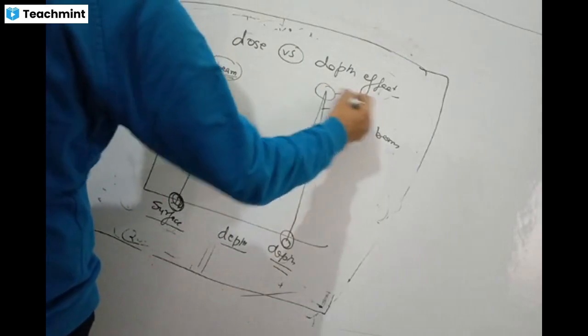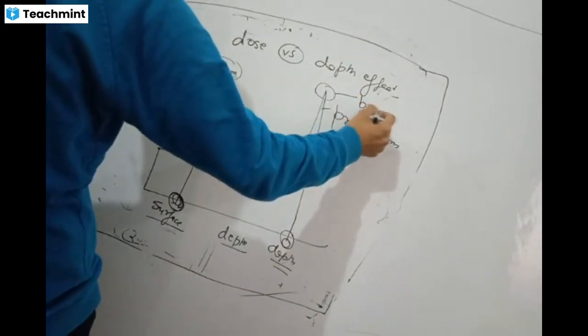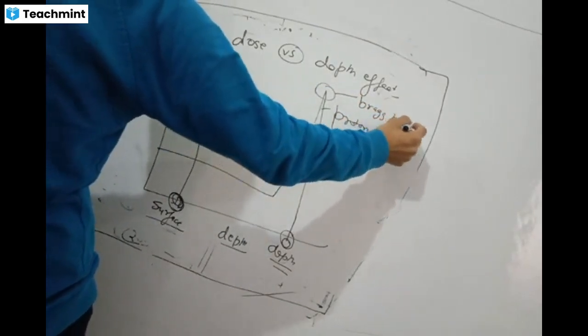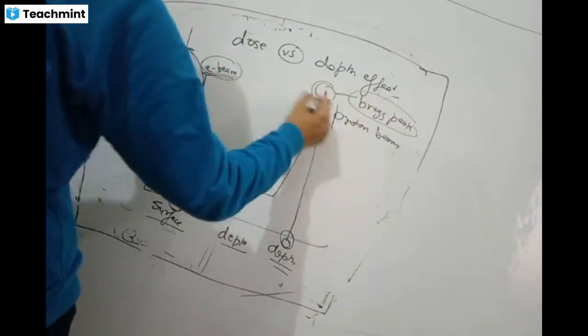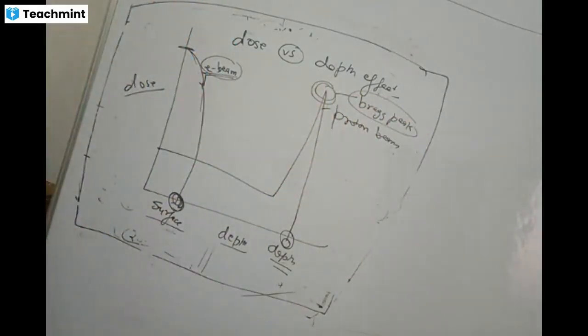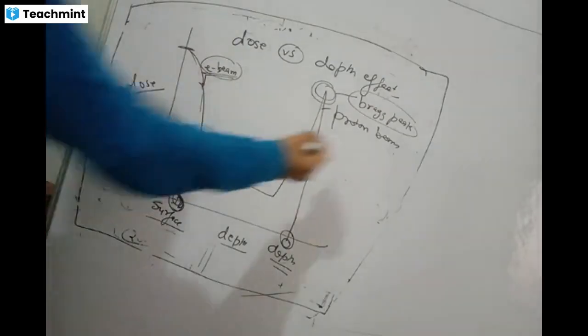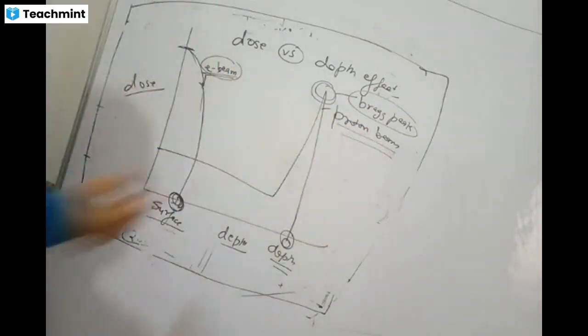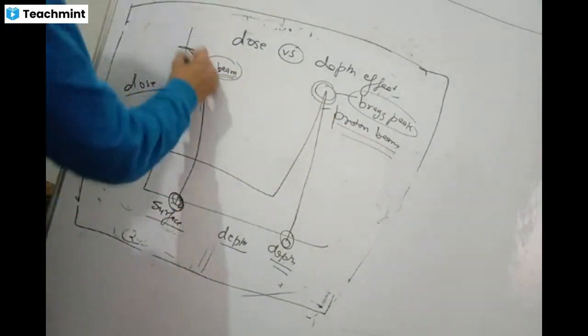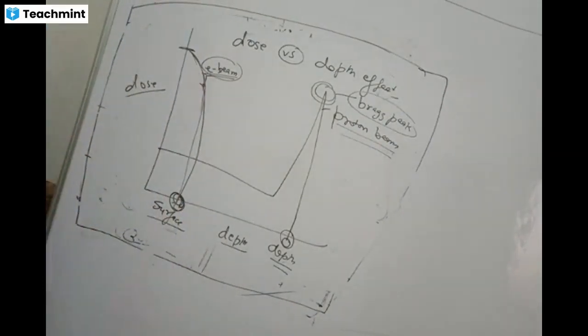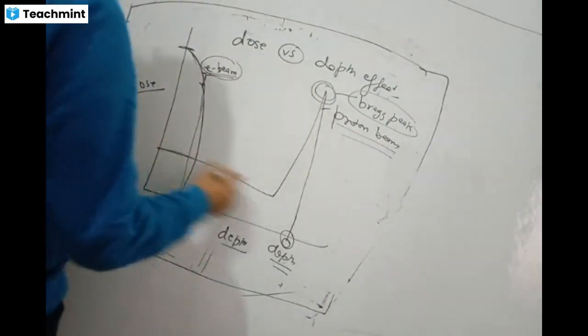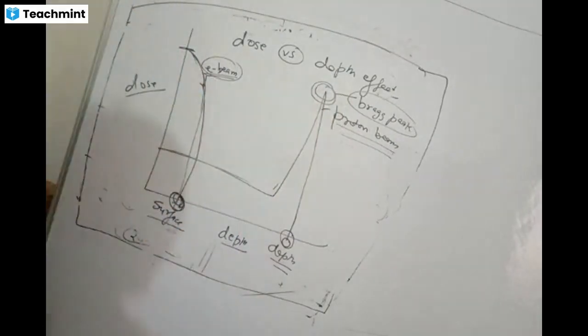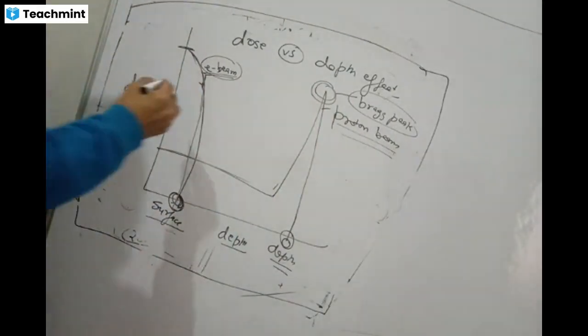And this peak is called the Bragg peak. So Bragg peak is associated with the proton beam. So electron beams are used for superficial tumors, and proton beams are for deep-seated tumors.